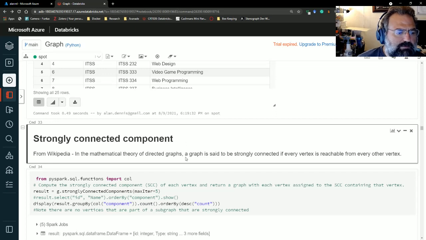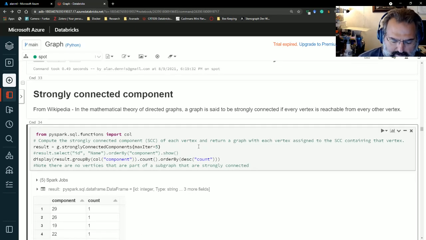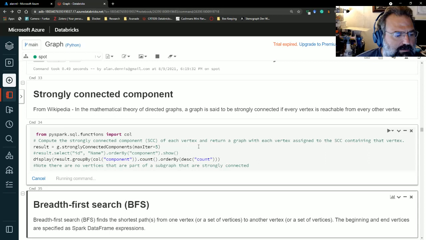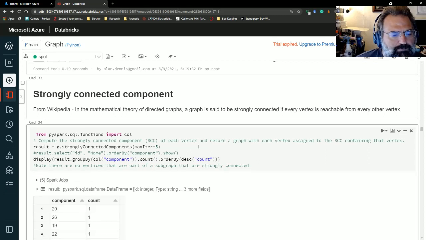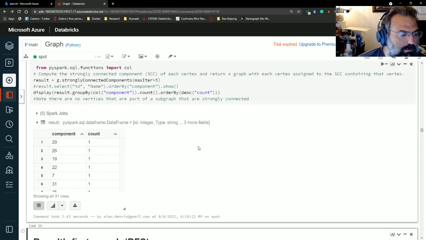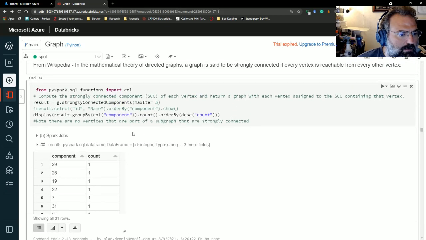You also have this concept of strongly connected components, a graph theory concept where basically every vertex is reachable from every other vertex. In this particular case, I don't think we have any because we don't have any real cycles, right? So you would have strongly connected, I guess we do. Oh, that's interesting. Strongly connected, in this case, must be ignoring the relationship between them. No, that's right.